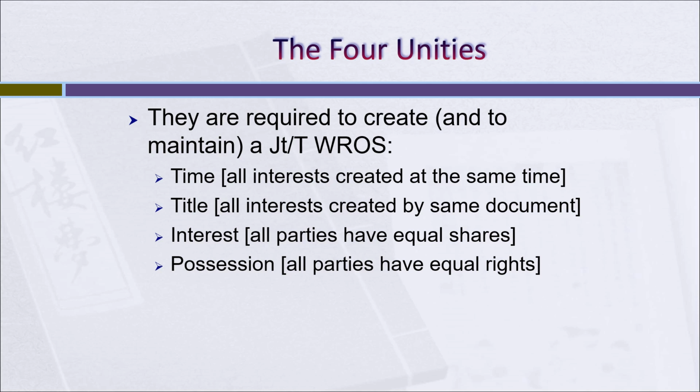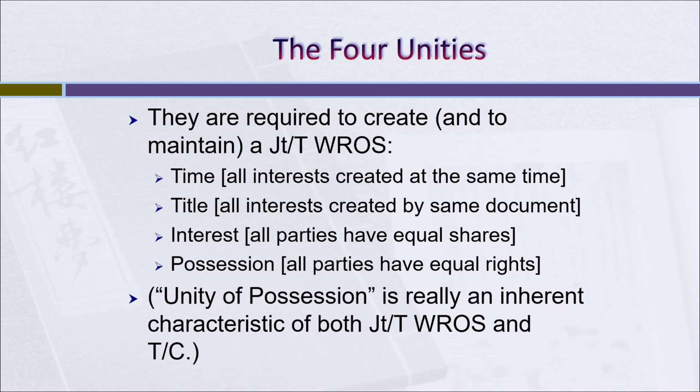The final unity is called unity of possession, and that's a principle that says that all of the parties have equal rights of possession in all parts of the property. And that unity of possession is really an inherent characteristic of both joint tenancies with right of survivorship and tenancies in common.